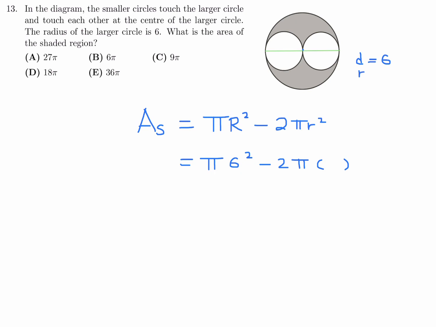So that means the radius of the small circle is 3. So 3 goes here. So this becomes 36 pi, and this is 9 times 2, 18 pi. So therefore this is going to be 18 pi for the area of the shaded region. So number 13, the answer is D.